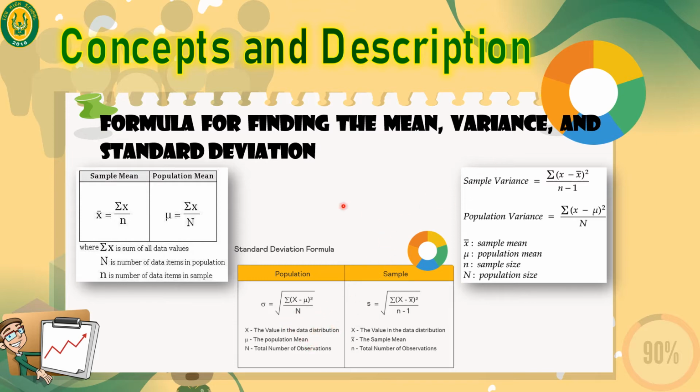So if you'll notice, remember in our previous lesson, the standard deviation is the square root of the variance. So given the formula of the variance, you take its square root and then you get the standard deviation. Okay? Remember how important the standard deviation is, okay?